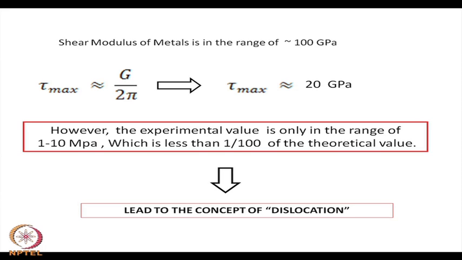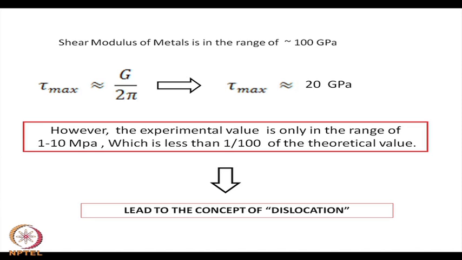That was quite disturbing for the scientists who had been working in this area, and then they came out with the concept of dislocation. If there are crystalline defects of a certain kind, then it can be shown that you need much lower stress for plastic deformation than what is expected from the theoretical calculation.